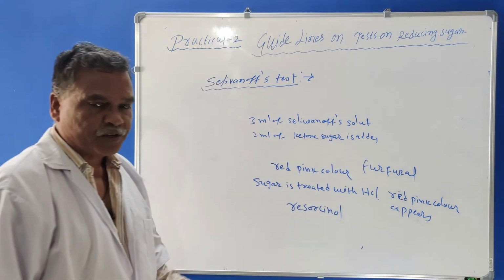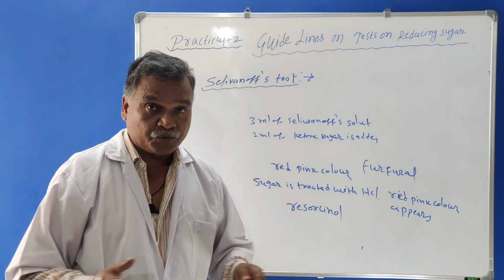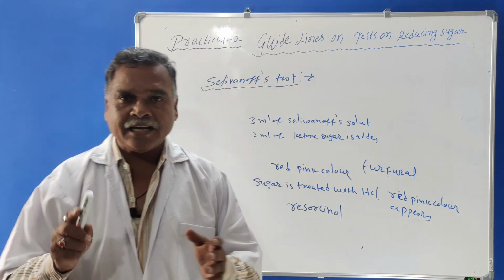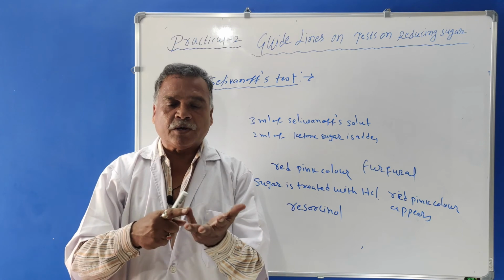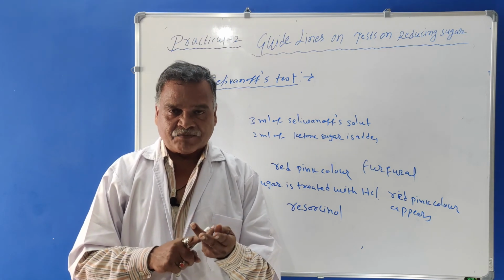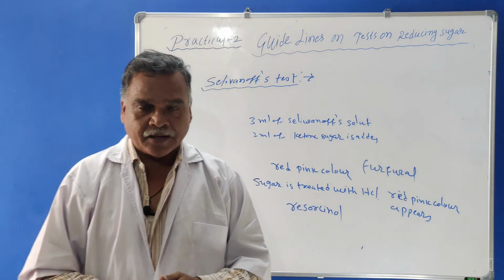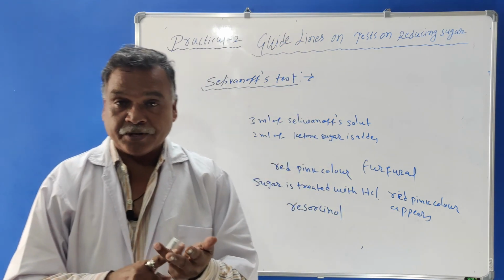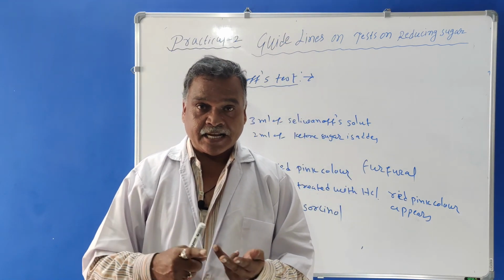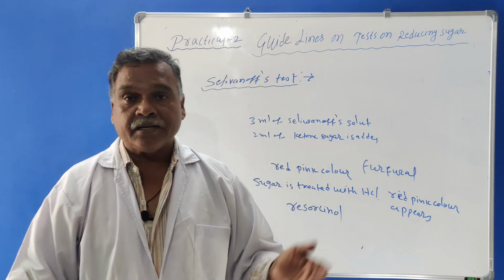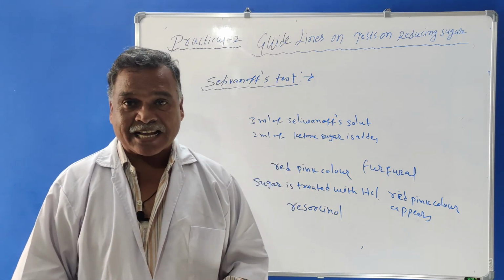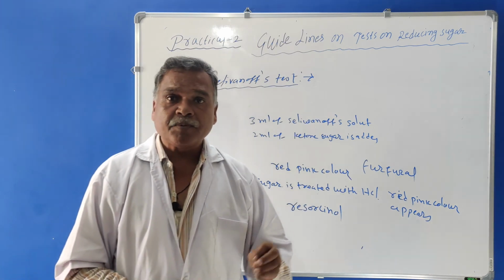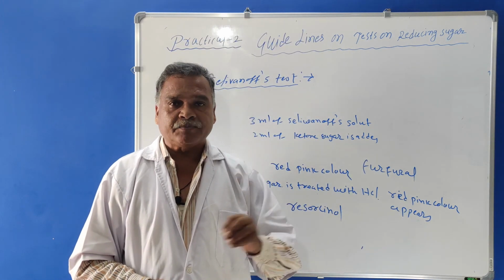So students, you must know that the principle is very important. In each and every test, you have to see what observation is there after taking the solutions, then after boiling, then you have to state the principle, and if the contents of the solution are asked by the examiner, you have to answer that. So the principles are very important from the point of view of the examination.